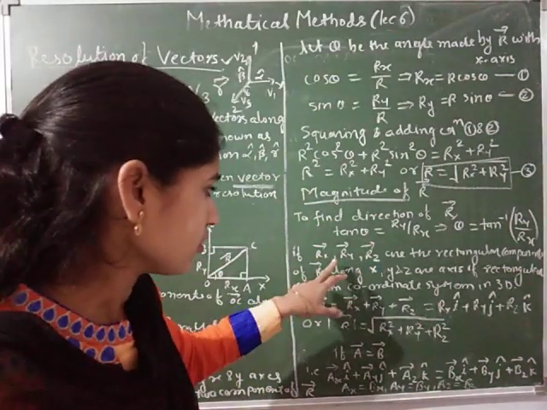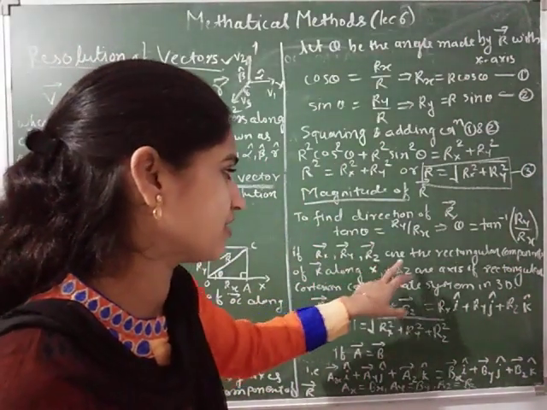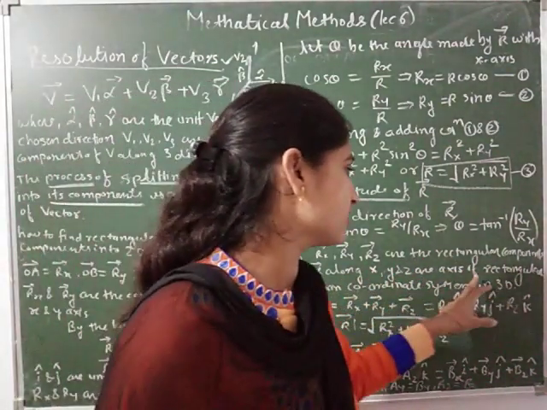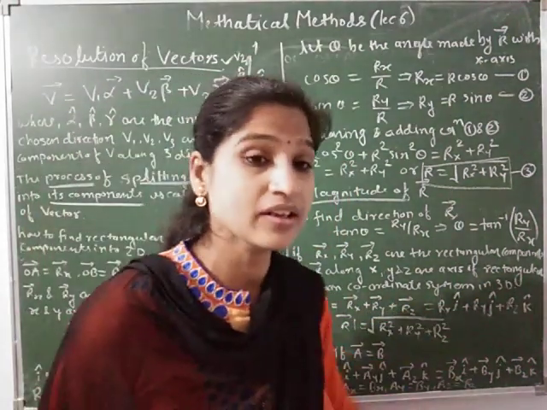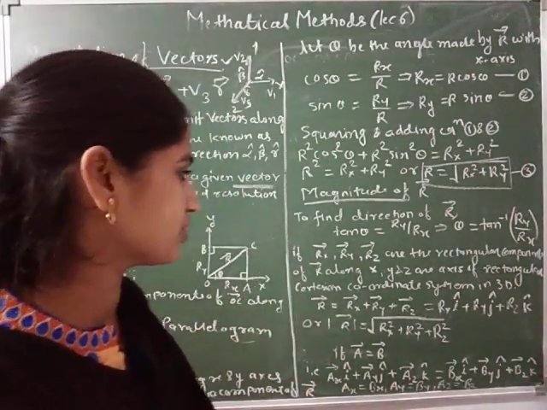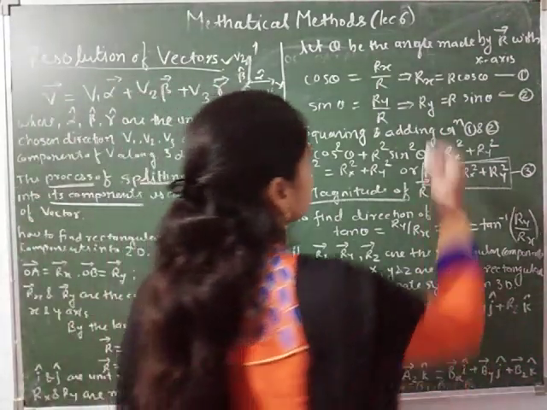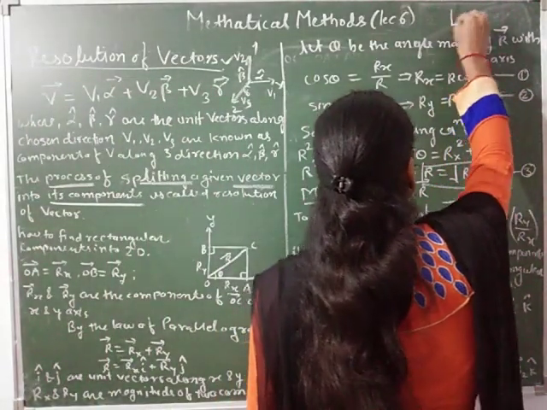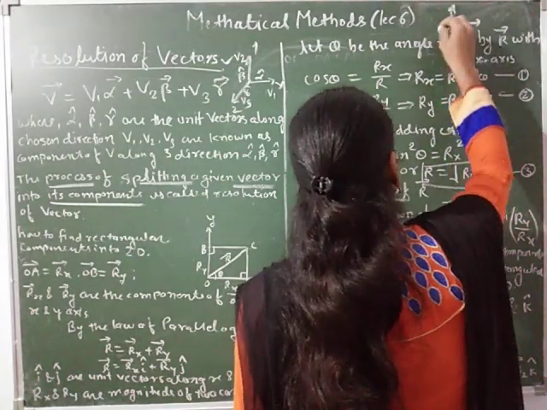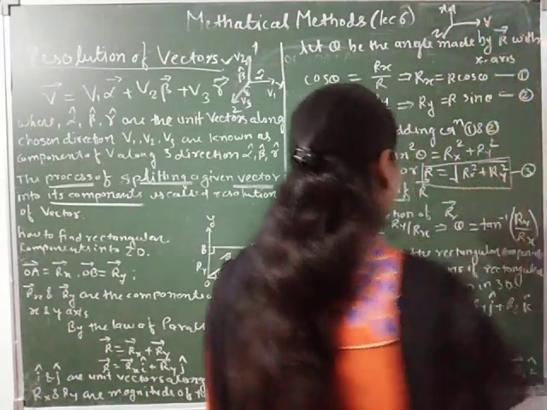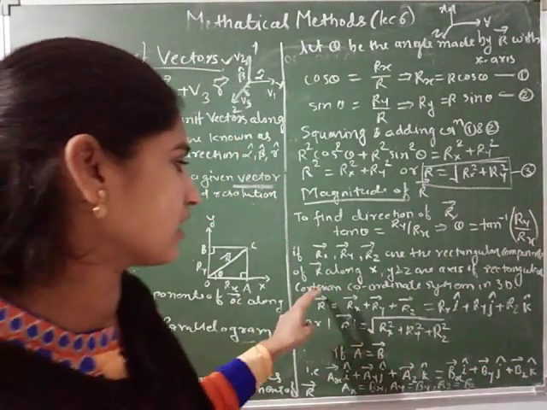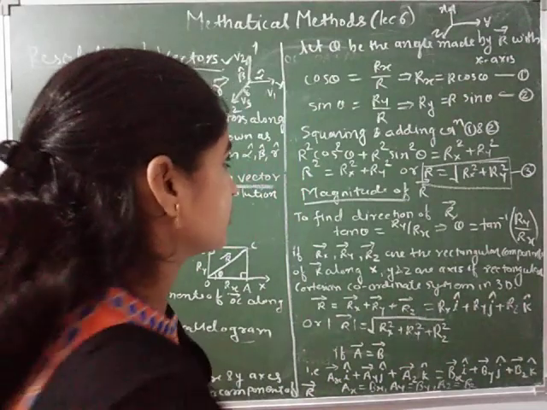Now vector Rx, vector Ry and vector Rz are the rectilinear components of vector R along the x, y and z axes of the rectangular Cartesian coordinate system in three dimensions. Here we considered rectilinear components in two dimensions, and now we consider three dimensions, with x, y and z axes.